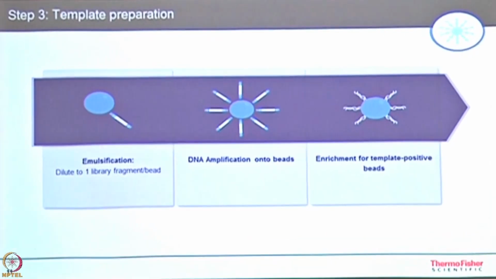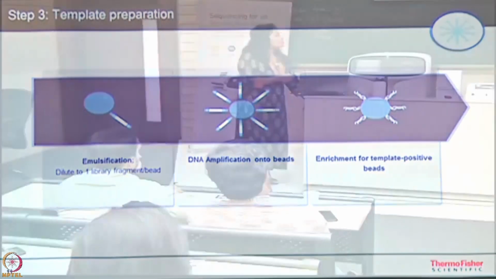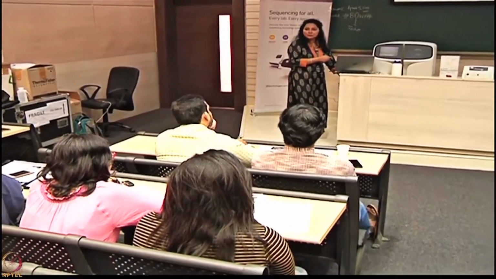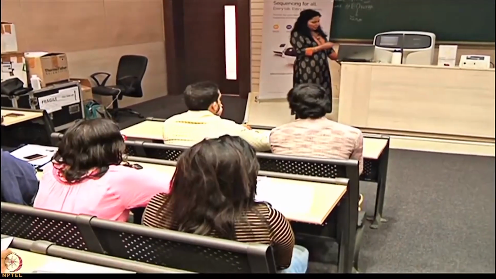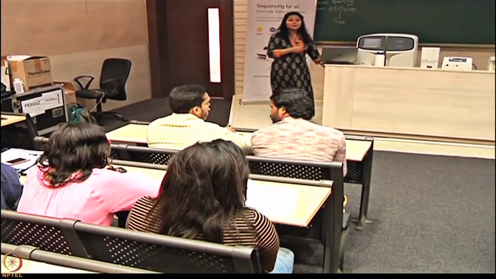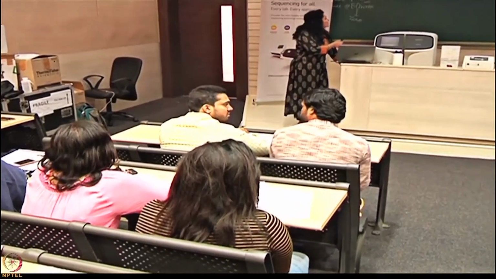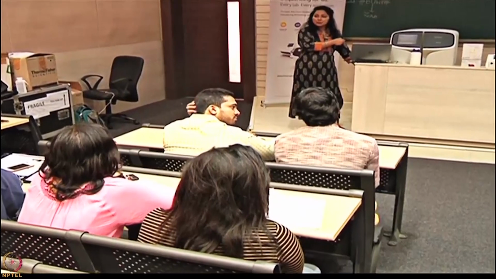Then there could be some ion spheres which have not got amplified. So you do not want to load them on the chip, so you negate all those ion spheres at the enrichment step. What is happening is that we are using ion spheres which have an oligo linked to them.